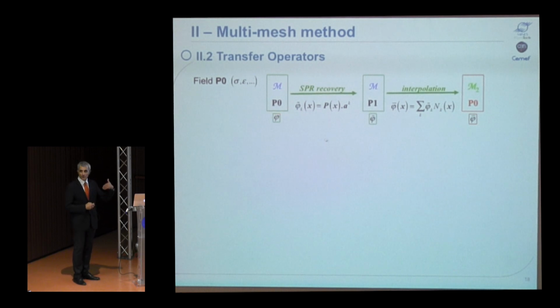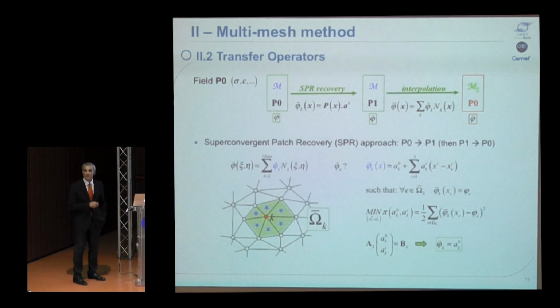So if we have a P0 discontinuous field, we are going to transfer it into a continuous field using recovery techniques, through using the same interpolation functions as we have for the other field. So the basic idea is rather classical. It is based on superconvergent patch recovery, which was initially developed for error estimators and also used for remapping.